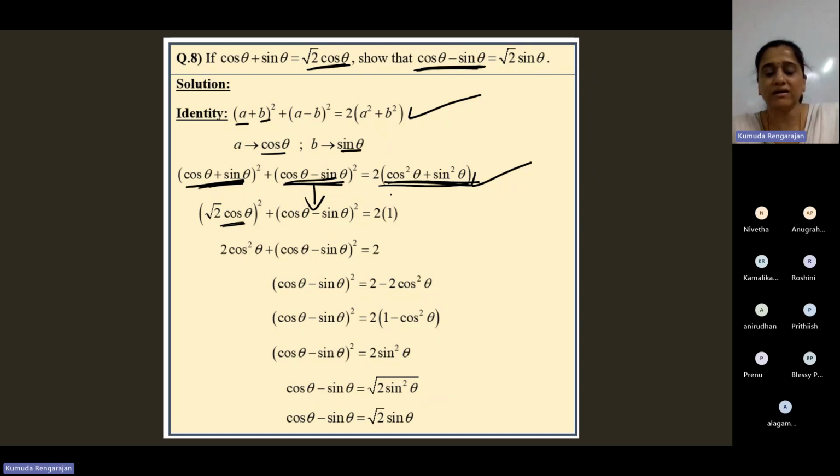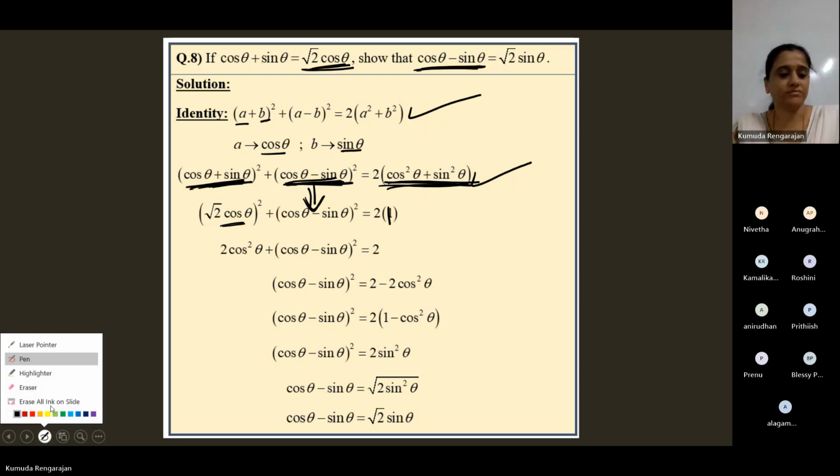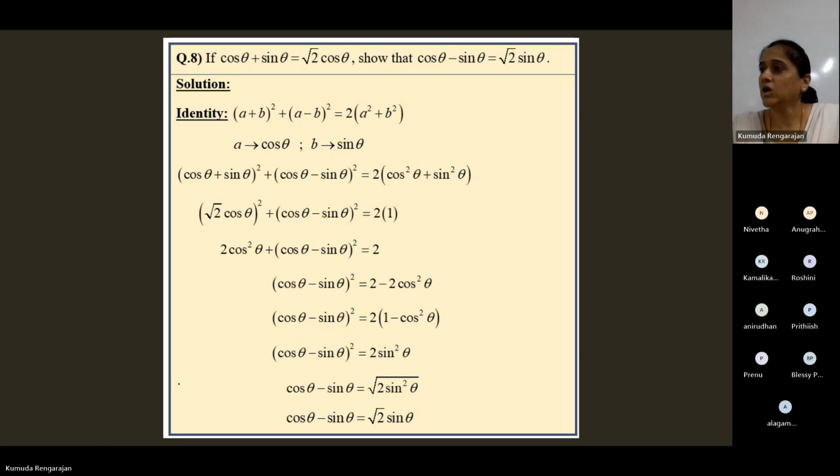This one is a trigonometric identity, its value is 1. This one we have to find, so that will come as it is. And this, the value is given to be root 2 cos theta. All right. So substitute. This one is root 2 cos theta square. This one as it is.